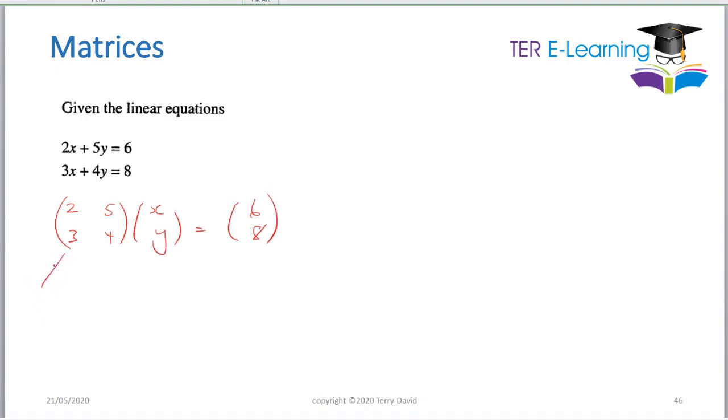Here's what I want you all to do for me. I want to know what is the inverse of that matrix. What is the inverse of this matrix?